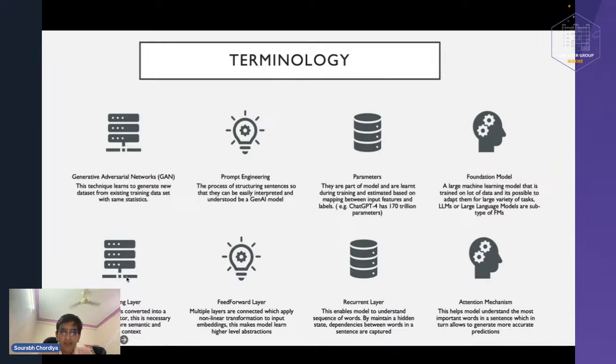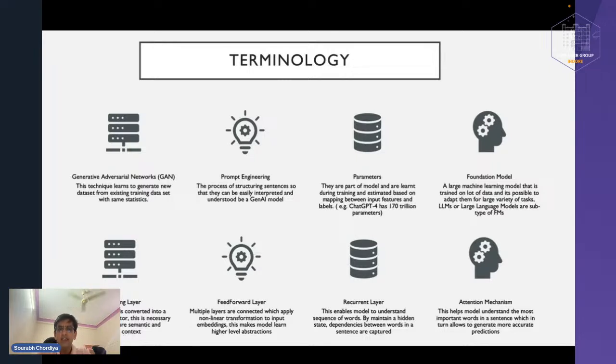Hence there is an embedding layer which will help the machine learning code or the foundation model to capture the semantic and syntactic context, right? It's not only that word, but what is the meaning of that word in the whole paragraph, in the whole sentence, that the embedding layer is going to capture. The feed forward layer is multiple layers that are basically connected.